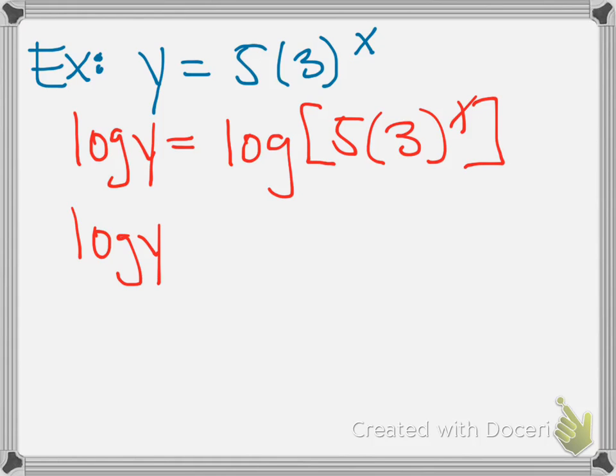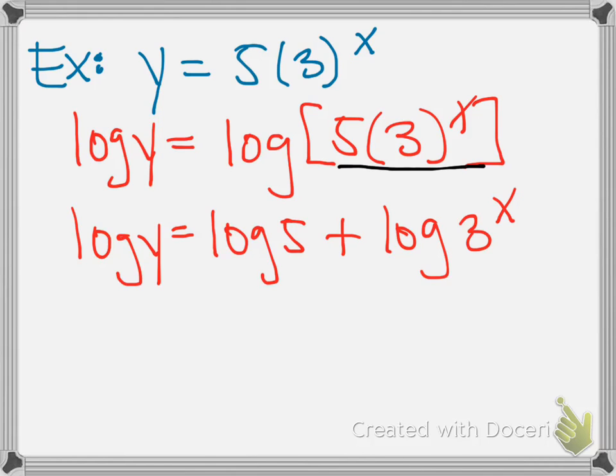And then using the exact same principles that we used in the example that I just did, we're going to split up this product here. We've got 5 times 3 to the x, and so we know that we can split that up to be just the log of 5 plus the log of 3 to the x.